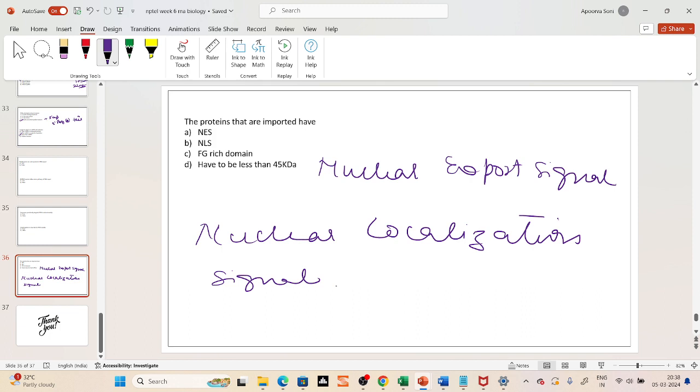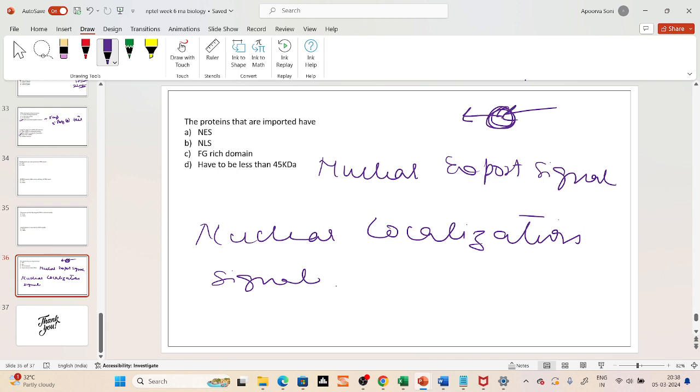So, import means here you have to understand that whenever we're talking about import or export, we are talking in context to nucleus. Something going outside the nucleus is export, something coming inside the nucleus is import.